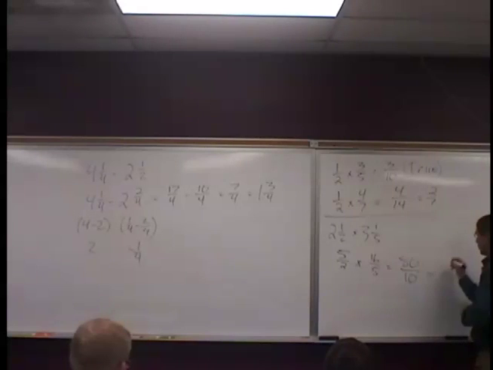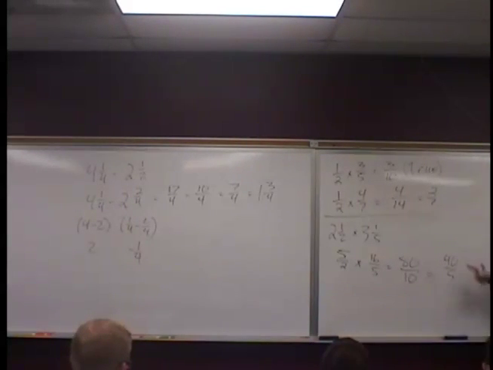Or if you wanted to, you could do 2s, right? You could say this is 40 over 5, and then you can reduce these by 5s. This is 8 over 1. 8 over 1, go with 8. However you want to get to 8, it's cool. Take away the zeros, just get to 8.